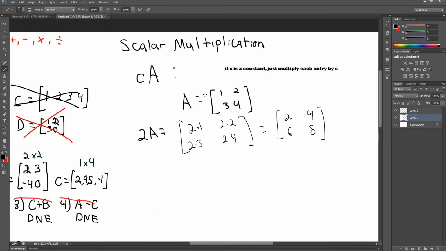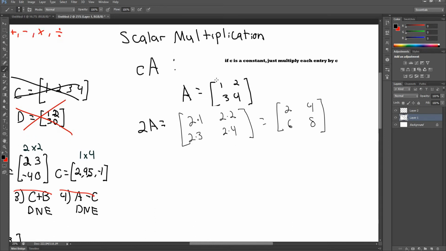Now I'm going to save us a little bit of time. Division itself does not exist for matrix operations. This is not defined, so we cannot divide matrices by matrices. I personally don't even like to say we can divide a matrix by a scalar. We can.